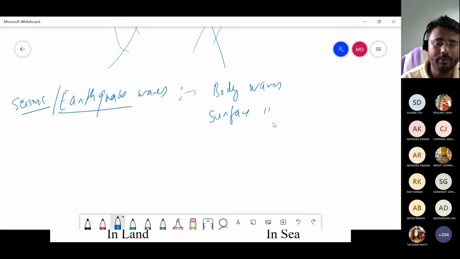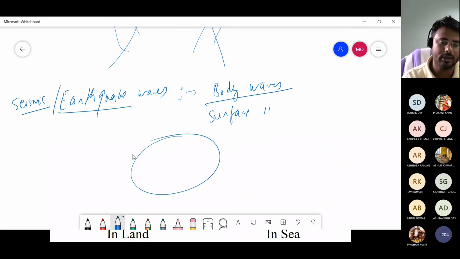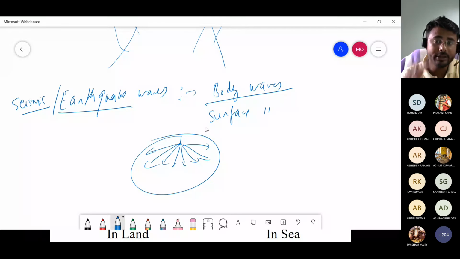By saying body waves, if you have this earth, यहाँ अगर earthquake हो रहा है, body waves has the tendency or capacity to penetrate into the body. Body मतलब क्या? Rigid body. ठीक है? वो अंदर घुस जाता है. Whereas surface waves, they are limited to the surface. Understood?